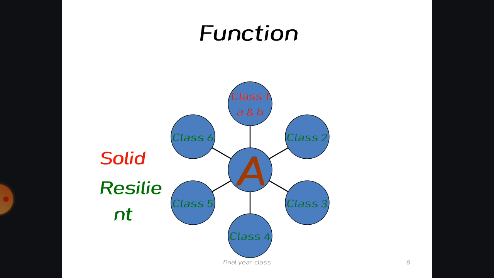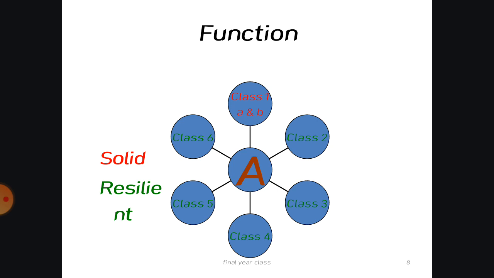Class 2 is vertical and resilient. Class 3 is hinge and resilient. From class 2 onwards till class 6 you have resiliency with the attachment, whereas in class 1 you don't have any resiliency. I am telling this again and again to make sure it goes into your mind: class 1 doesn't have any resiliency.